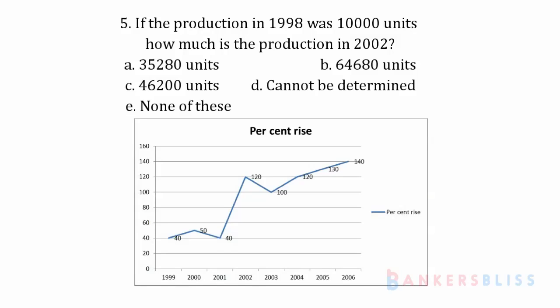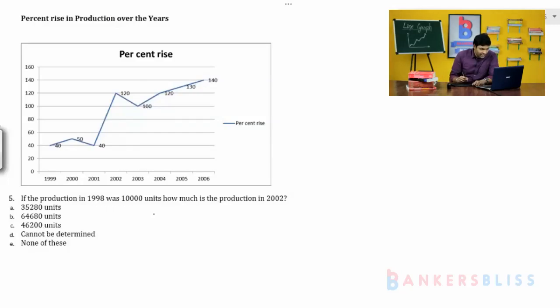If the production in 1998 was 10,000 units, how much is the production in 2002, they are asking. See here, in 1999, 40% is increased. In 2000, 50% is increased. 2001, 40% is increased. 2002, 120% is increased. So 1998, it is 10,000. 1999 is plus 40% increase.